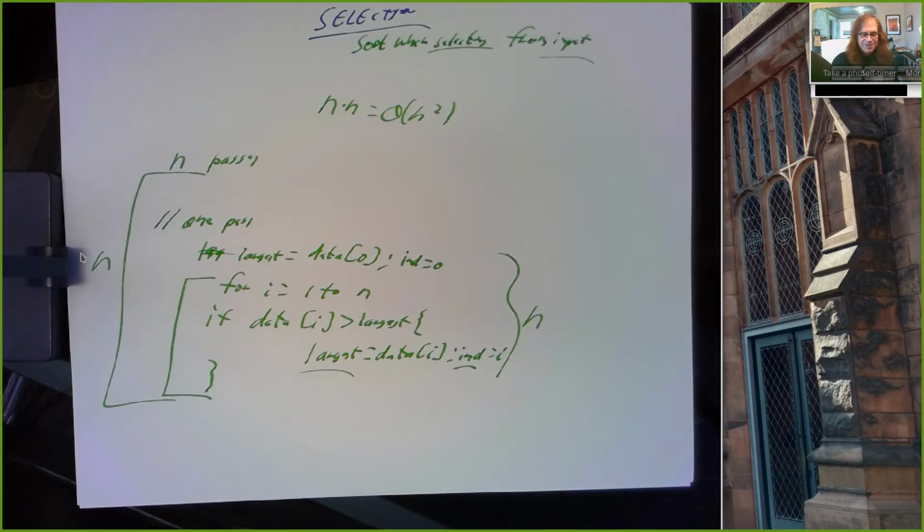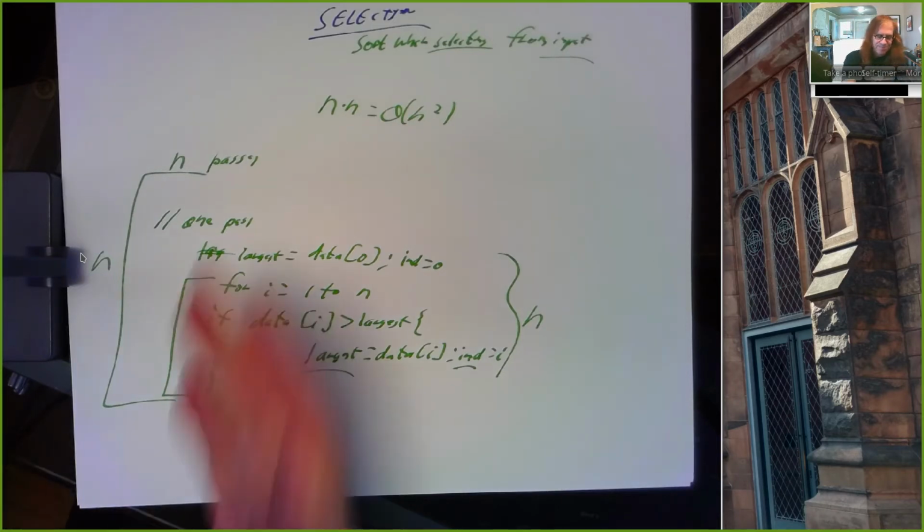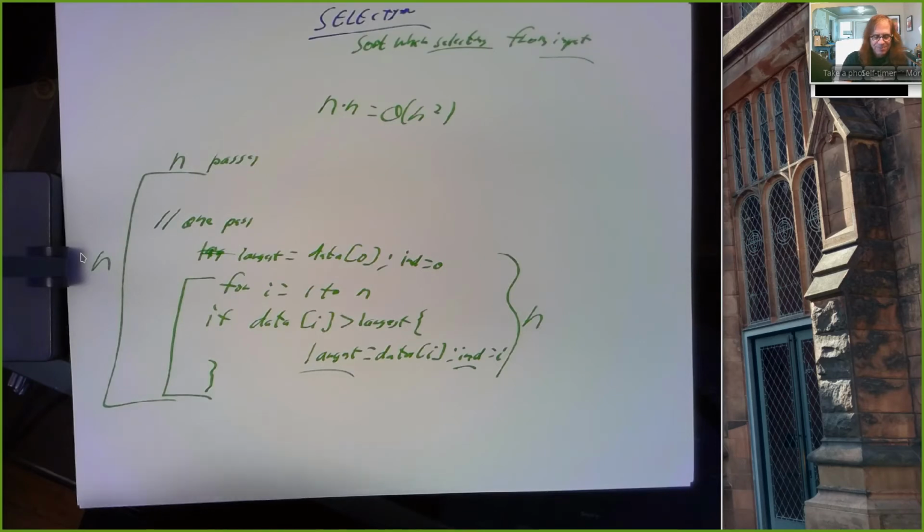And so what's going to happen if our data is sorted or close to sorted to begin with? If our initial input array is sorted, is that going to change the amount of work we have to do? Probably not. All right, because even though our data might be starting with, well, let's go largest to smallest.